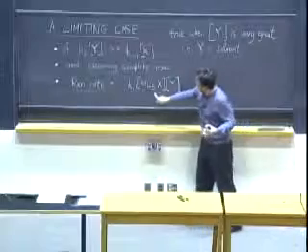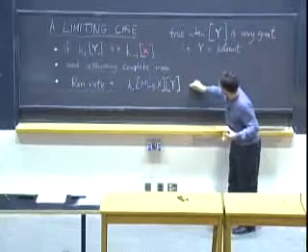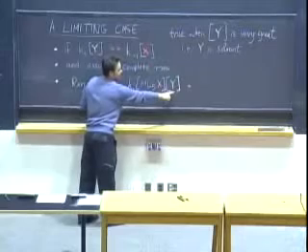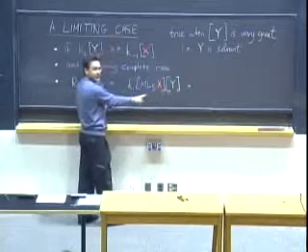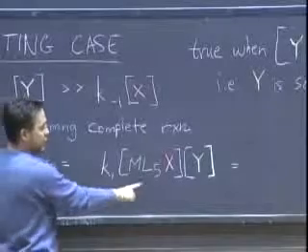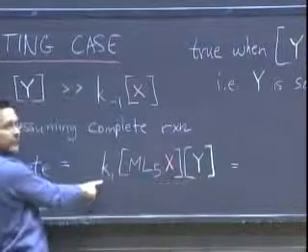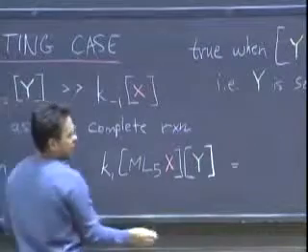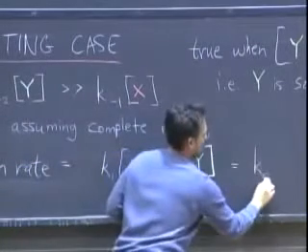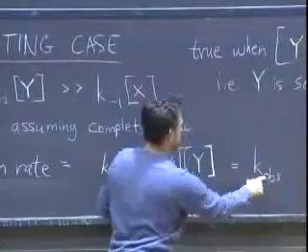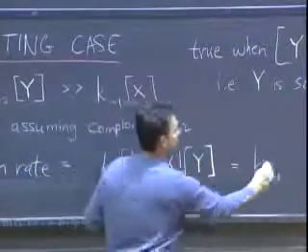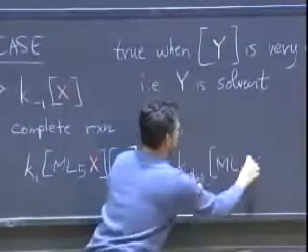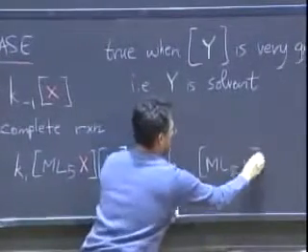And because of that, under these circumstances, the concentration of Y, which is very large, does not change effectively during the reaction. So it is a constant that can be folded together with the constant K1, so we can describe this as K observed. So K observed is equal to K1 times Y times ML5X. Okay?